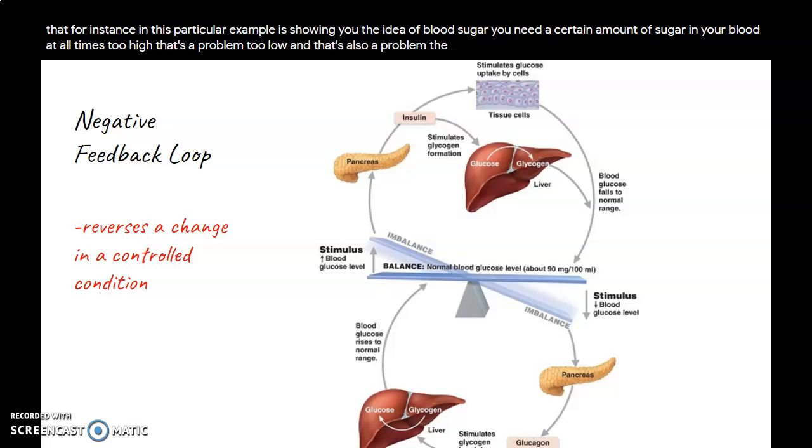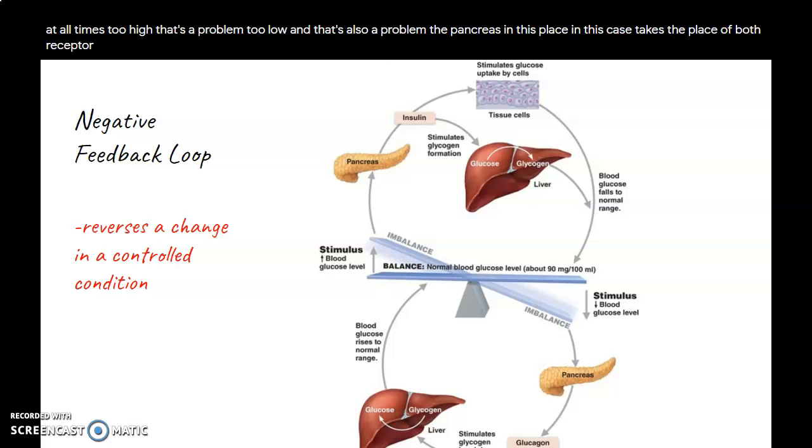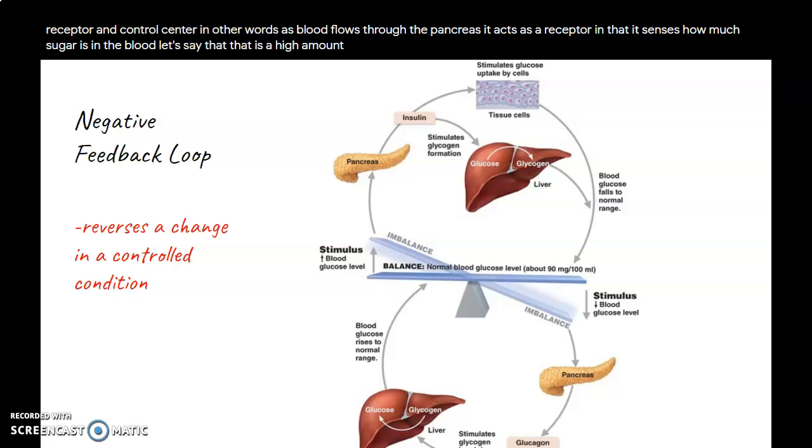The pancreas in this case takes the place of both receptor and control center. In other words, as blood flows through the pancreas, it acts as a receptor in that it senses how much sugar is in the blood. Let's say that that is a high amount. It tells the control center, which in this case, again, is also the pancreas. So there's a certain amount of sugar in the blood, and it knows that it's too high.